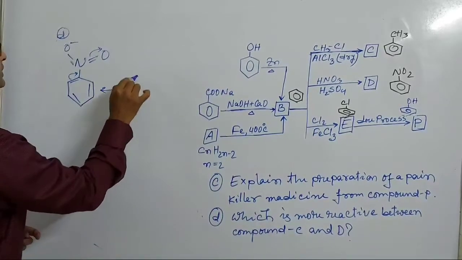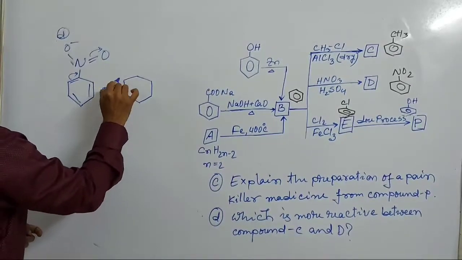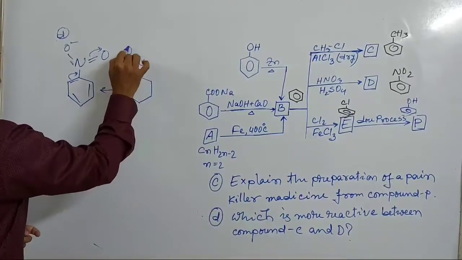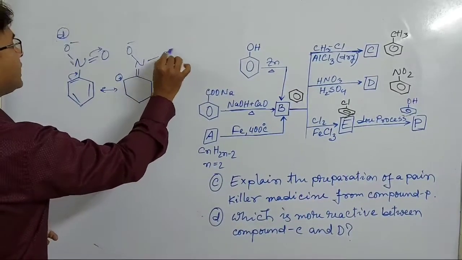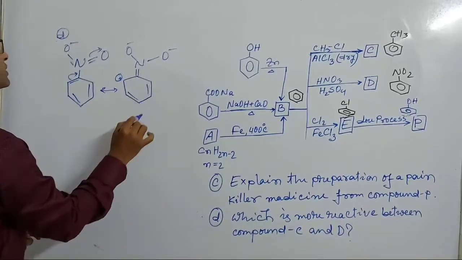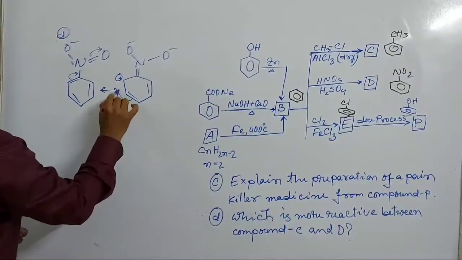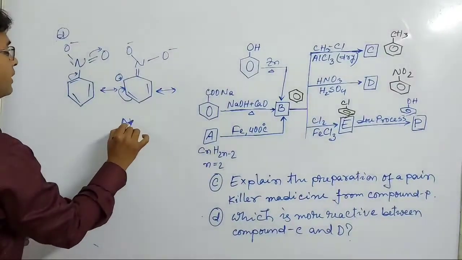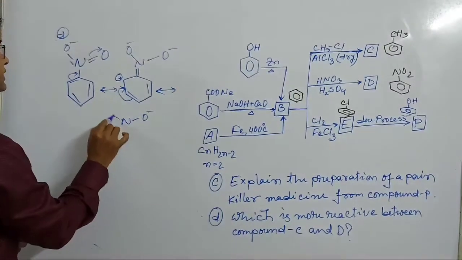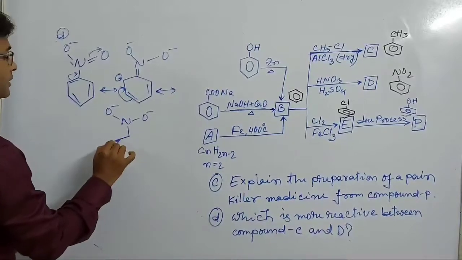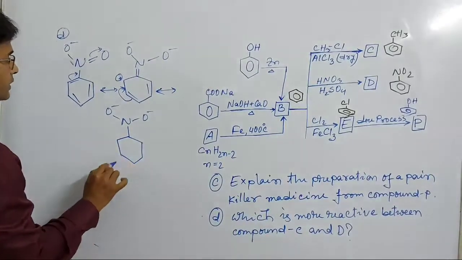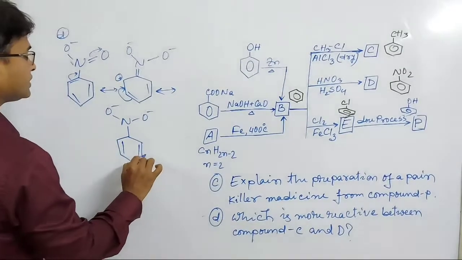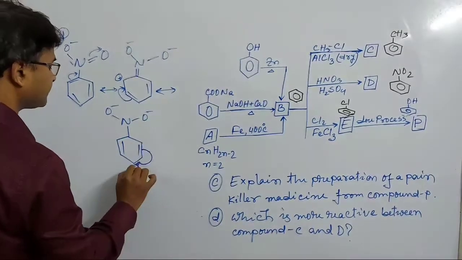As a result, the electron density of the benzene ring is decreased, and the electrophile attacks the benzene ring slowly. That's why nitrobenzene is less reactive than toluene in electrophilic substitution reaction.